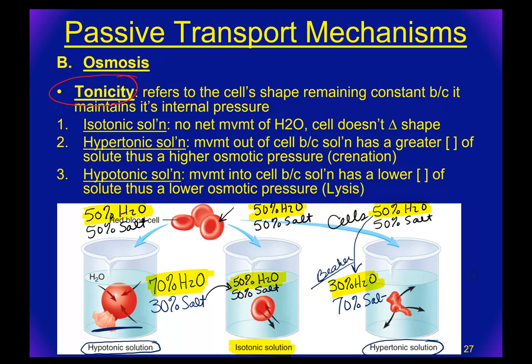Okay? It can also destroy your cells. So when this happens to your cells, we call it crenation, which you can see up here in number 2. So that osmosis, the power of osmosis and the ability of our cells to maintain their internal pressure is really important. And if you don't have the proper balance, you can really do some damage to a body.